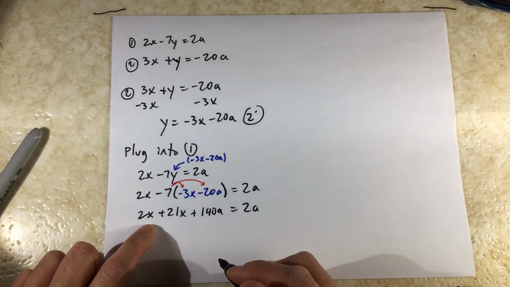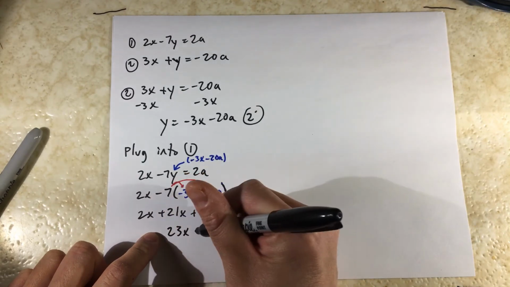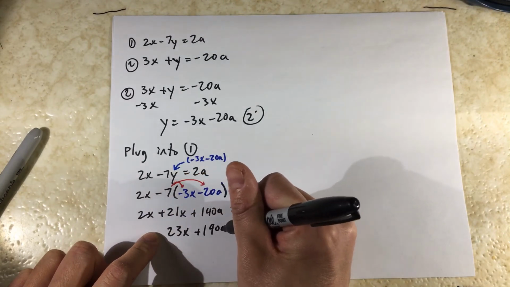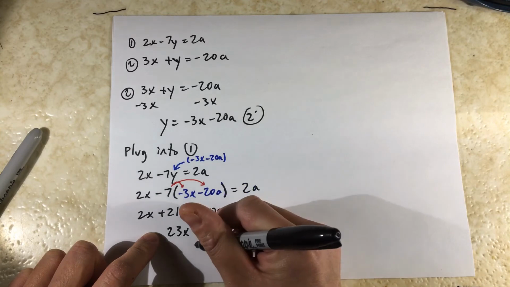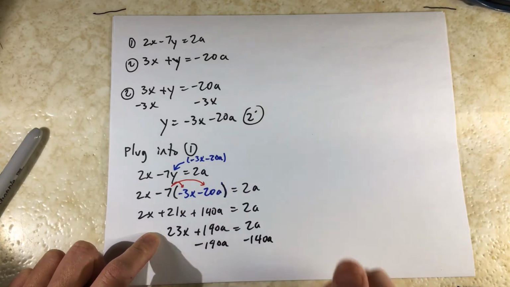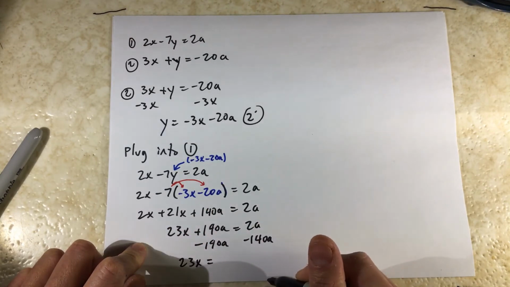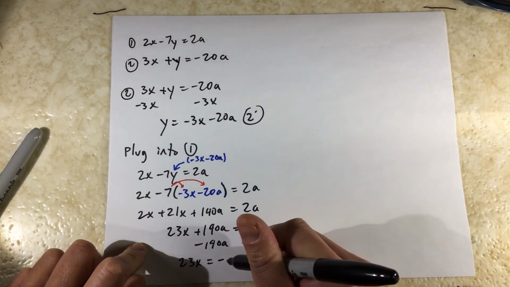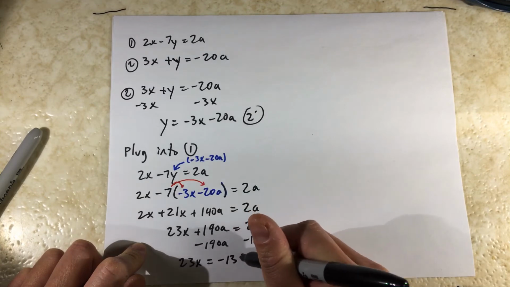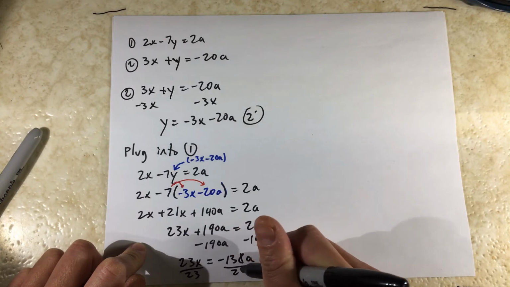Combine like terms: 2x and 21x is 23x, plus 140a equals 2a. Subtract 140a from both sides, and I get 23x is equal to negative 138a. Divide both sides by 23.